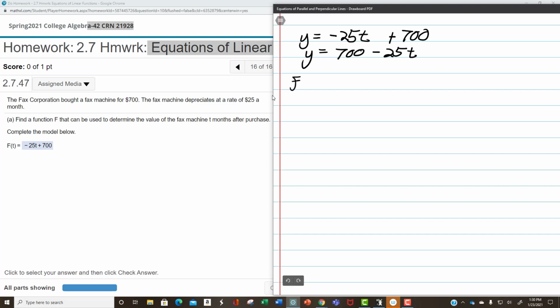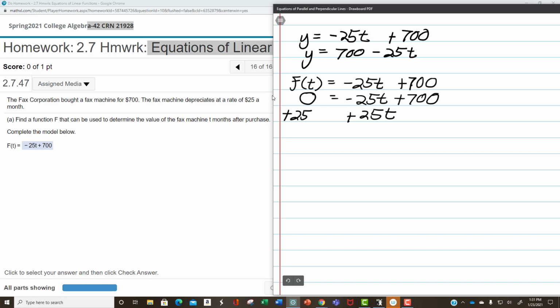If f of t, the value of the fax machine, can be given by negative 25t plus 700, then when the value is 0, what is t? I am going to add 25t over to the other side of the equation.